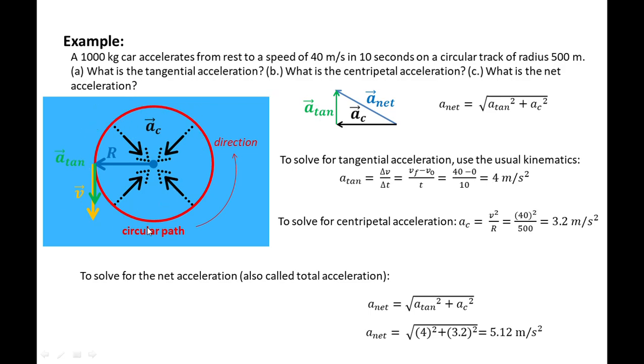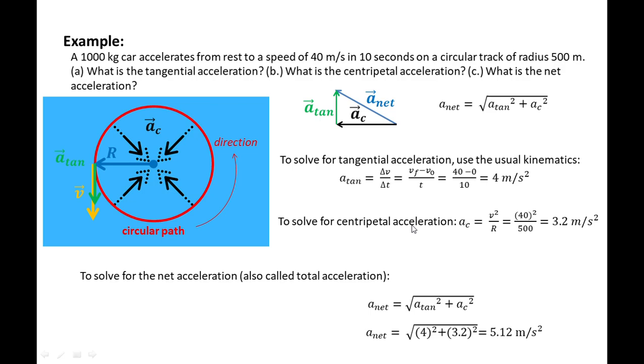So the radius of the circular path is 500 meters, so that is 40 meters per second squared divided by 500 meters radius, and that should give us 3.2 meters per second squared. So that is our centripetal acceleration.